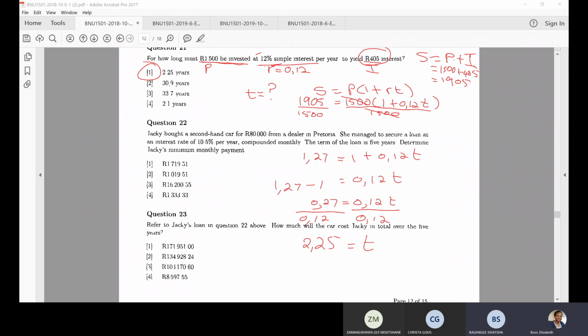The other thing is for you to be able to identify the formula to be used. Based on the formula, you need to know what you are given in the question in order to substitute the values and know which one you need to be calculating. So let's look at the next one.